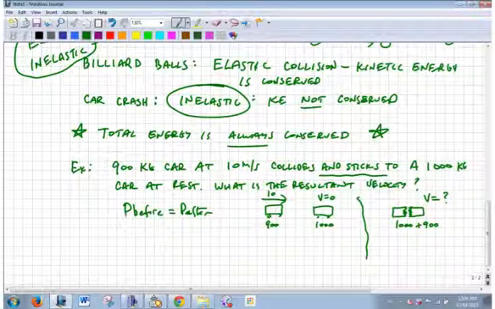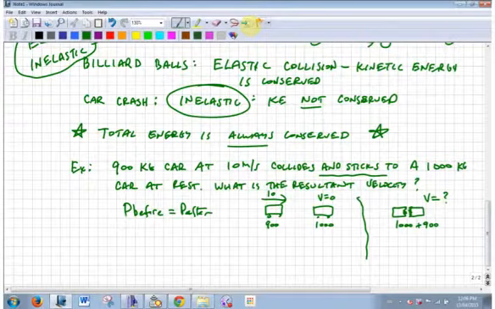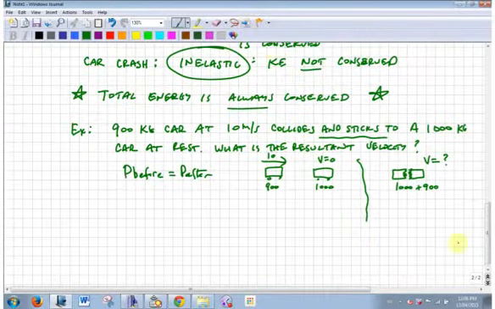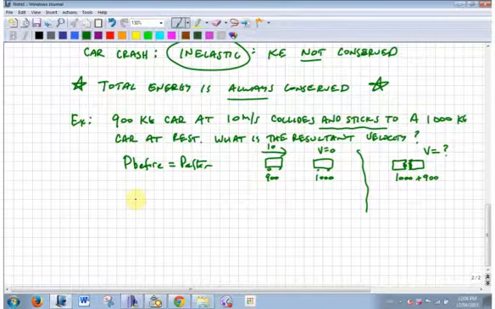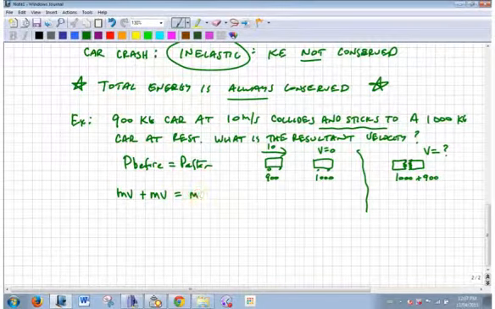Okay, there's a picture of exactly what I said in words. If it's helpful, use it. I recommend it. Some of you guys won't. So before I have mv of the first car and mv of the second car equals mv of the first car after and mv of the second car after.